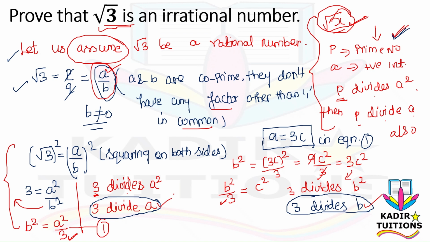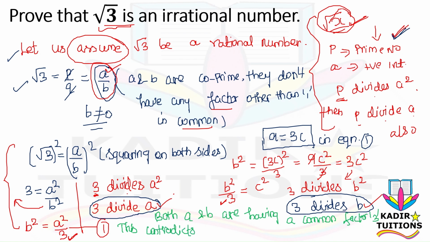We need to write the statement at the last: both a and b are having a common factor 3. This contradicts our assumption.